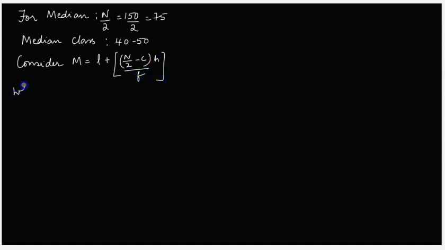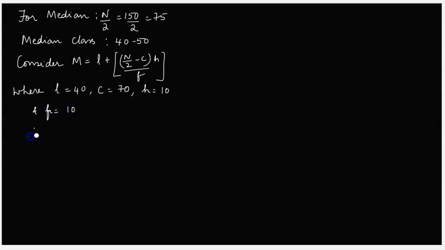Where L is the lower limit of the median class, which is 40. Then C is the cumulative frequency preceding the median class, which is 70. h is the width of the median class, that is 50 minus 40 is 10, and f is the frequency of the median class, which is also 10.